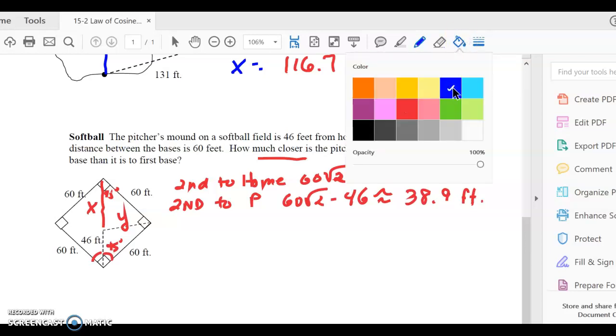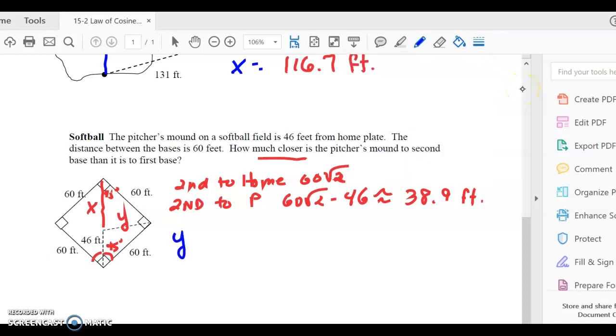Now, if we want to solve for y, one thing that we can do is use the law of cosines. y squared equals 46 squared plus 60 squared minus 2 times 46 times 60 times the cosine of 45. And remember, we know what the cosine of 45 is, square root of 2 over 2.